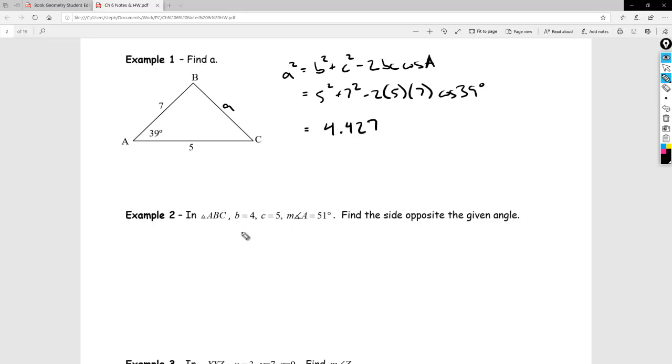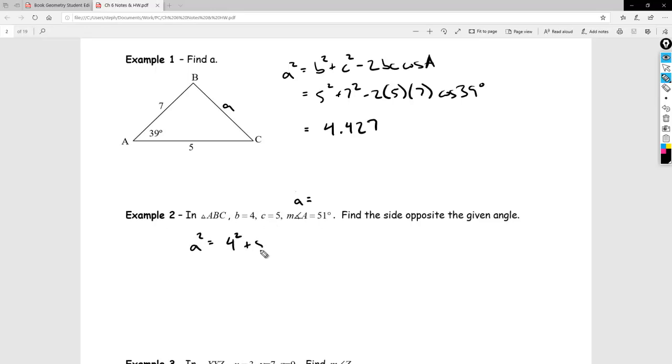Okay, exact same thing, except they didn't give us a picture. They want me to find the side opposite the given angle, which is great because that makes it easy for me, because I know that if I use my a squared formula, I will have my angle right here. So a squared must be, I'm just going to use the other side length of the triangle here.